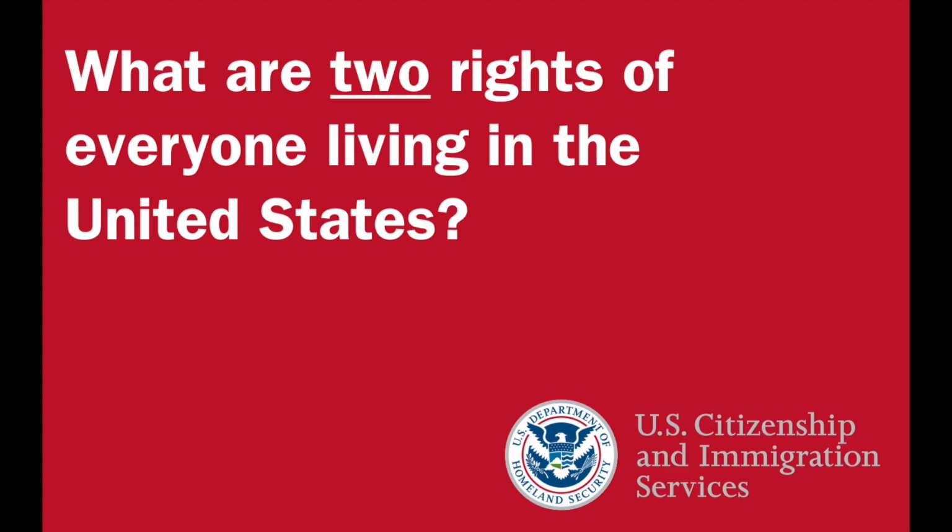What are 2 rights of everyone living in the United States? Freedom of expression, freedom of speech, freedom of assembly, freedom to petition the government, freedom of religion, the right to bear arms.